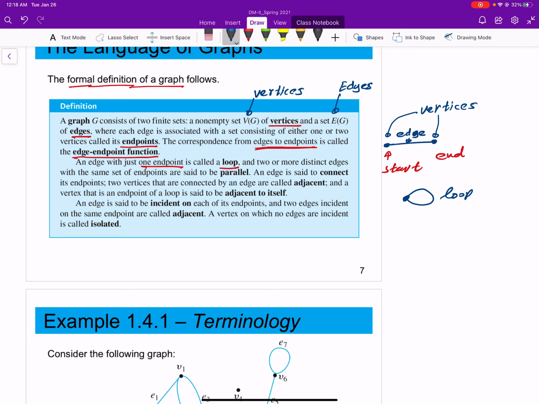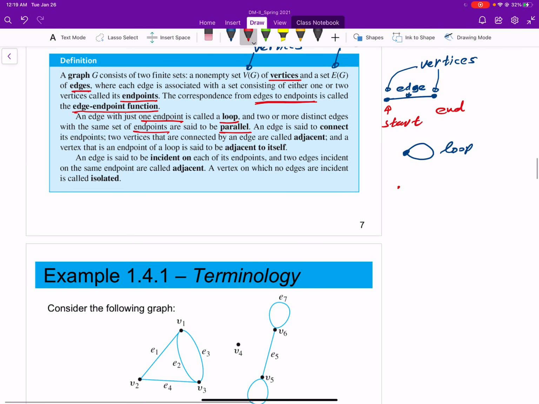Okay, and two or more distinct edges with the same set of endpoints are called parallel. That means they should have the same endpoints. It's something like this. So start here. Sorry, I'm using a different color. Start here, and there. So there are three edges like that. So they are called parallel.